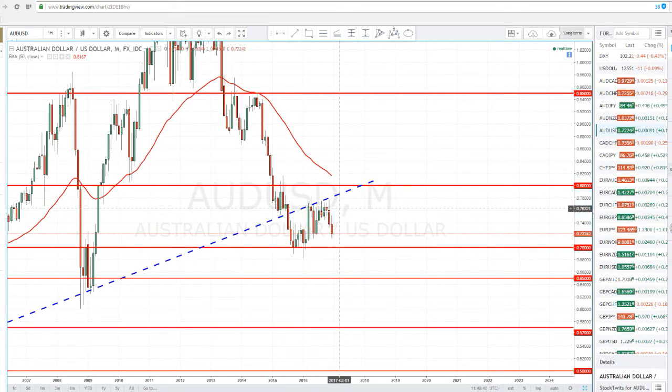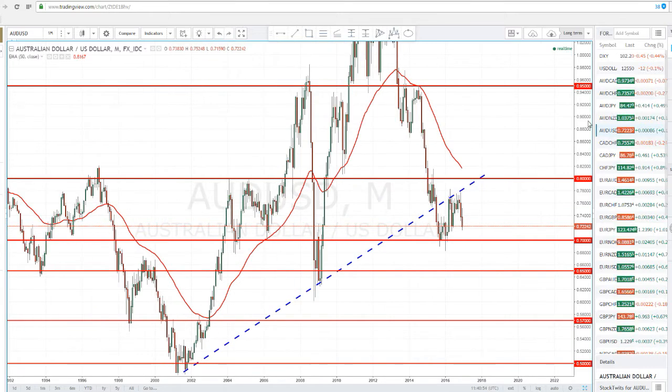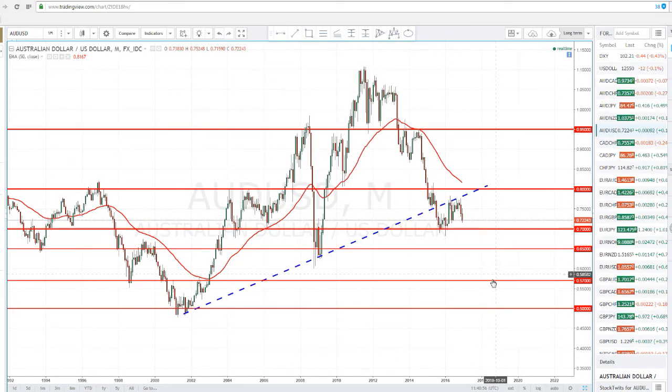Obviously the break and retest actually caused a high test on the trend line, and then we had several smaller deceleration candles afterwards, and now we're breaking down. If you look at the levels I've drawn already, the extreme key levels are 80 and 70, just where we are now.